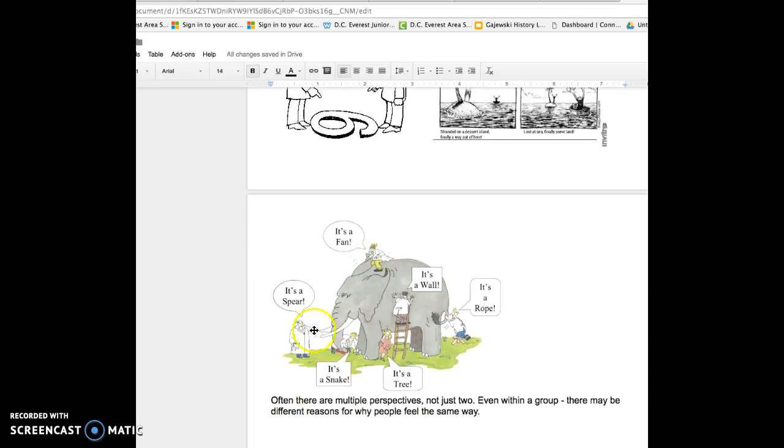Sometimes there is not just two different opposing perspectives, but multiple perspectives depending upon who you are.